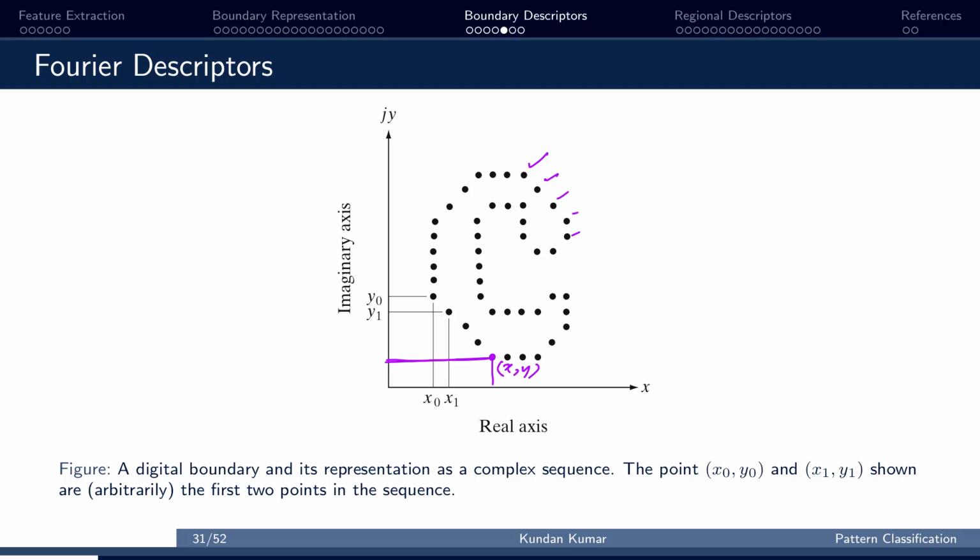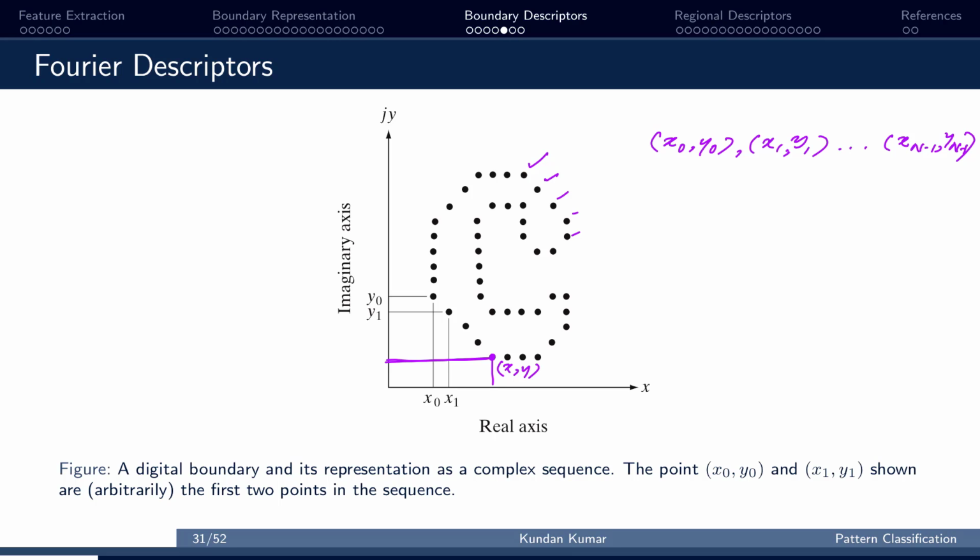whatever the shape we have, the boundary pixels are x0, y0, x1, y1, up to x n minus 1, y n minus 1 if we have n boundary points.